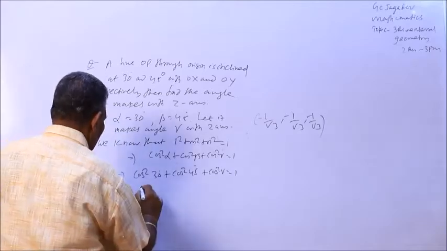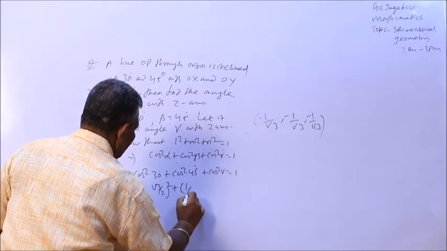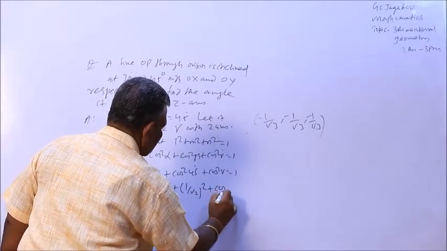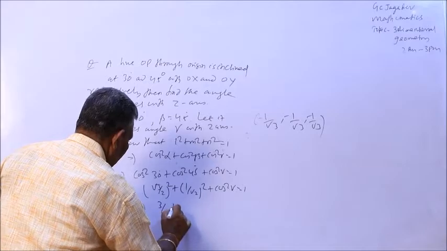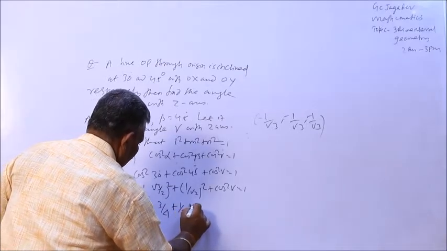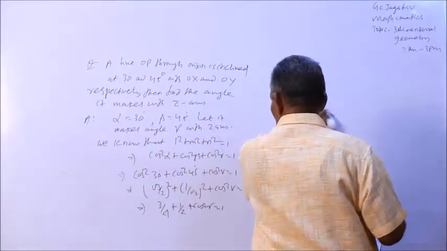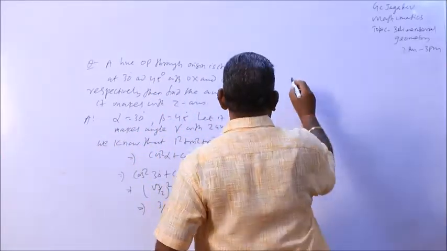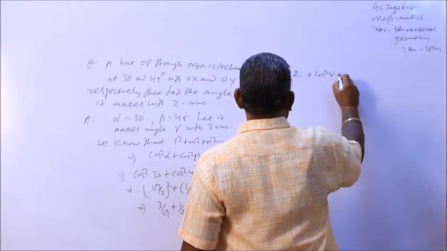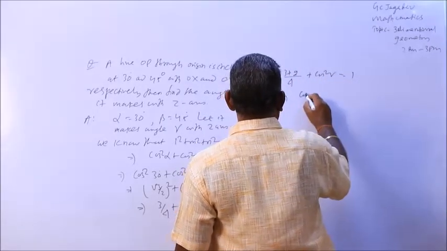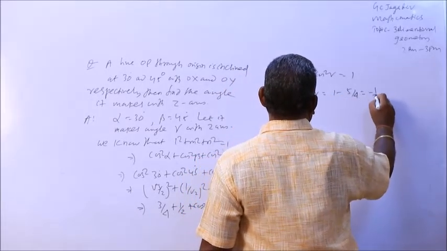Cos 30 is root 3 by 2, so (root 3 by 2) whole square plus (1 by root 2) whole square plus cos square gamma equals 1. That implies 3 by 4 plus 1 by 2 plus cos square gamma equals 1. If we add first two terms, what happens? (3 plus 2) by 4 plus cos square gamma equals 1. That implies cos square gamma equals 1 minus 5 by 4, that is minus 1 by 4.